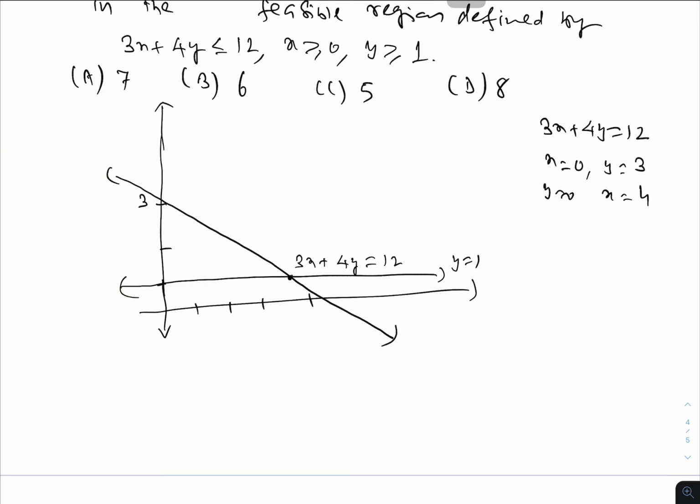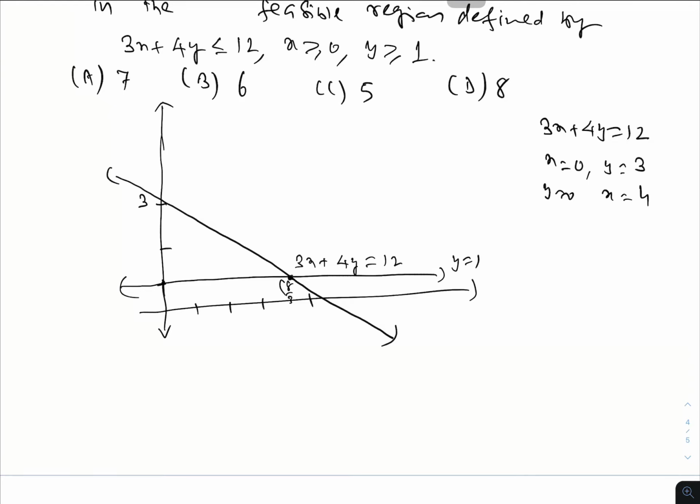So here the point is, so this point is what? Y is 1, so 12 minus 4, 8, and x is equal to 8 by 3.